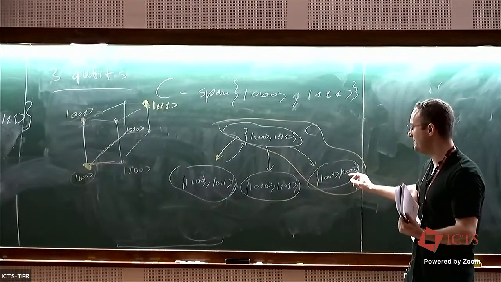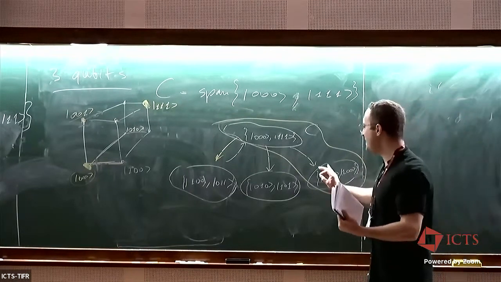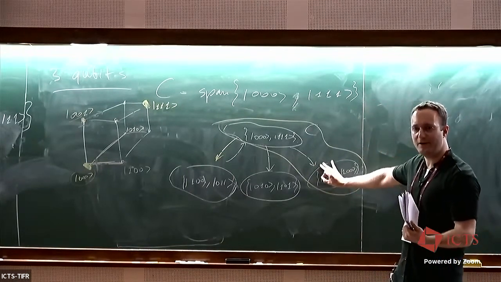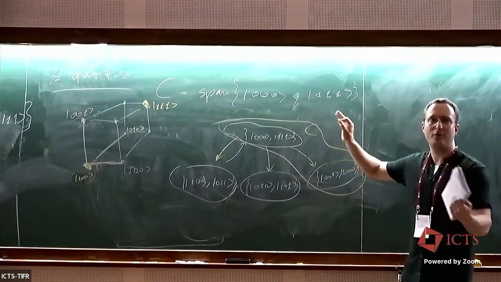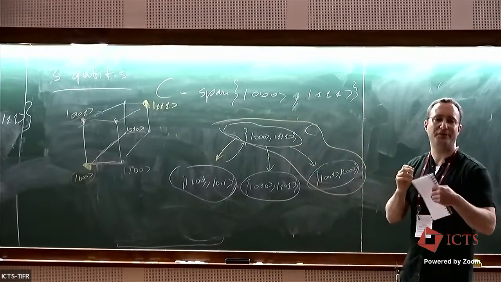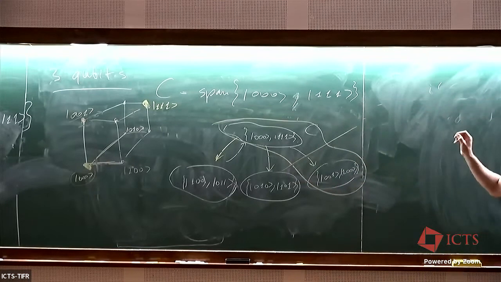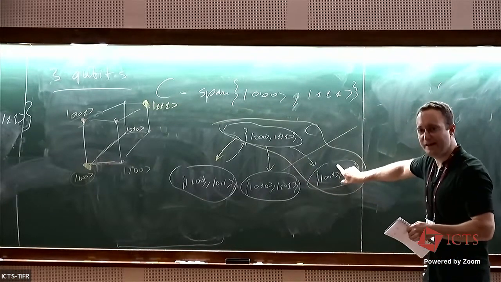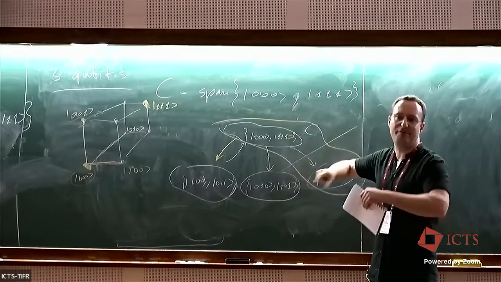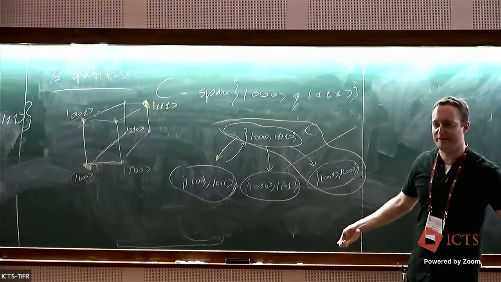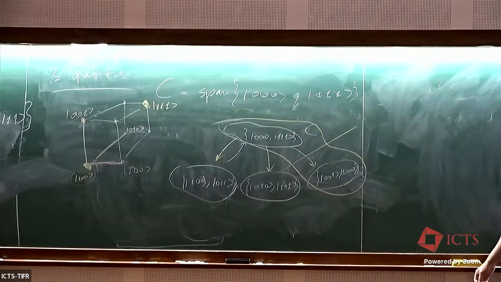And I have to ask the same about other qubits. And now I know whether I'm in this one or in this one. And of course, at this point, the superposition has collapsed. So I will be definitely in here or in here, and I forget about any phase that was in there.